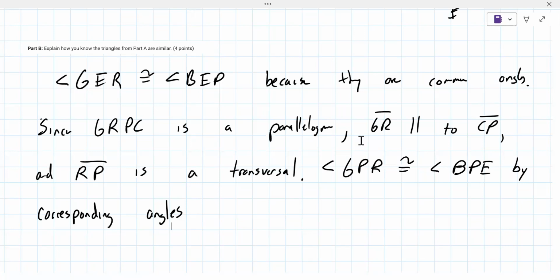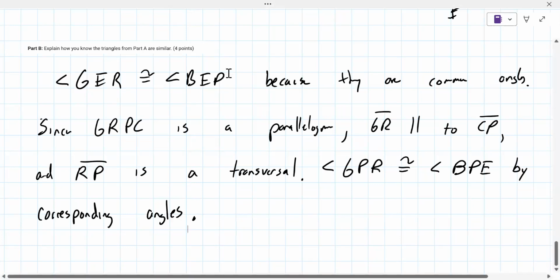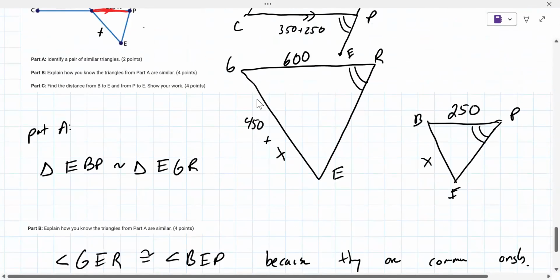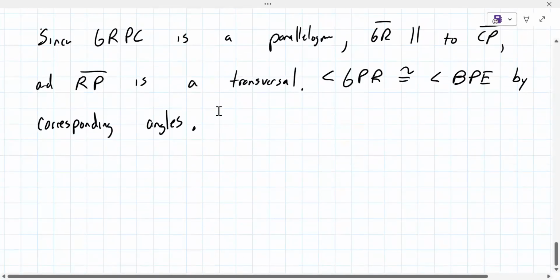Is that okay? All right, now that allows us, by AA, since we've got the first angle and the second set of angles, to say that these two triangles are similar. We just have to get the right order, which is probably why they have you do that first.